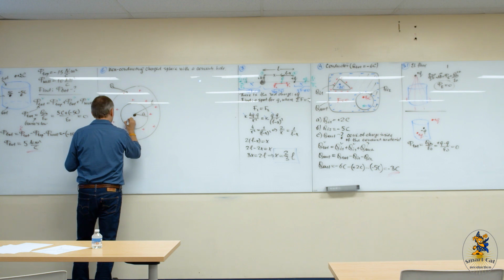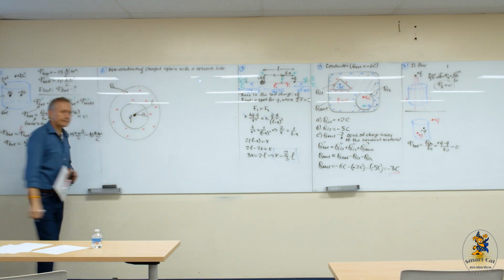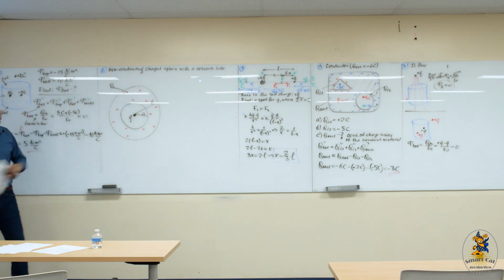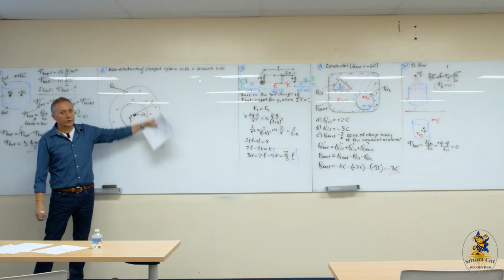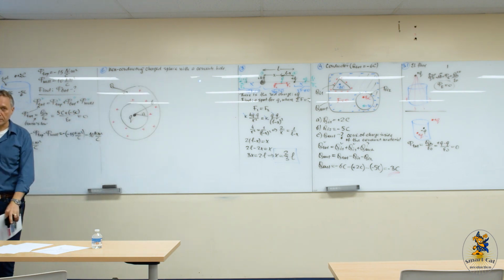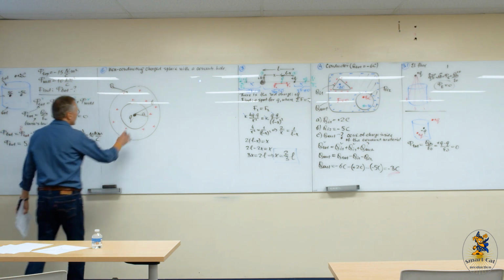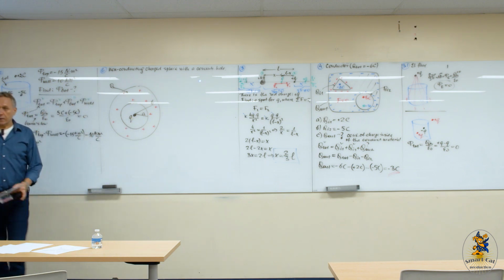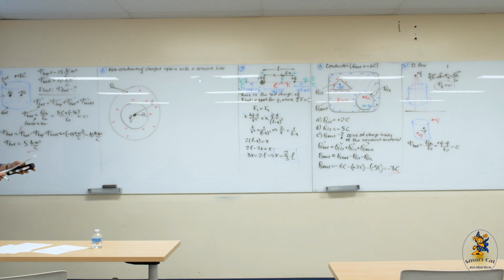Let's say it's a Q small. So Q capital is uniformly distributed over that non-conducting material, and at the very center of this hole there is a Q small. Let's assume they're all positive.